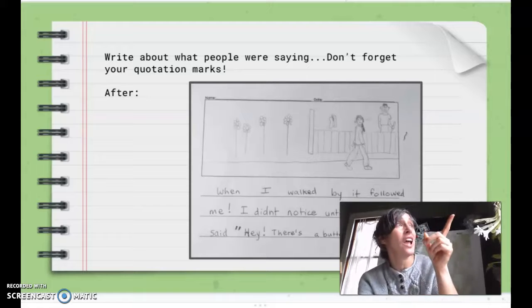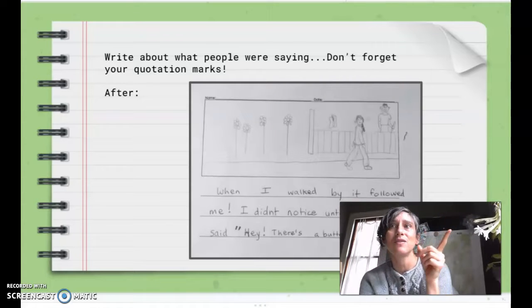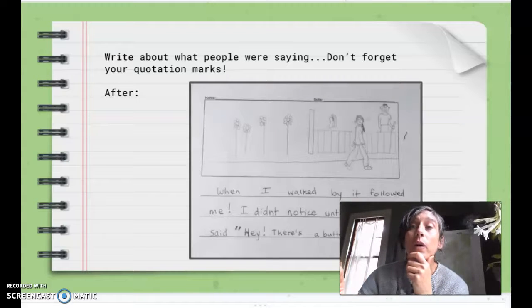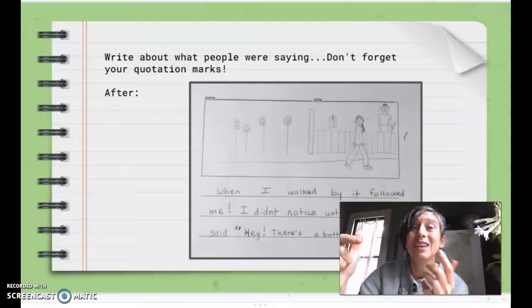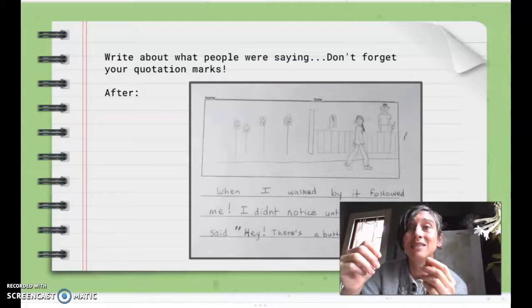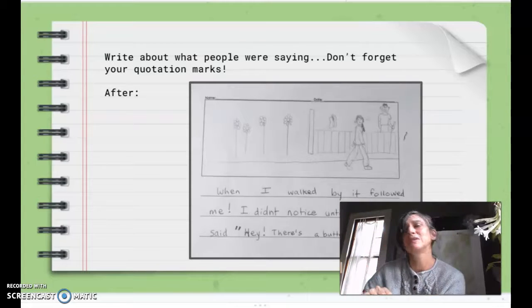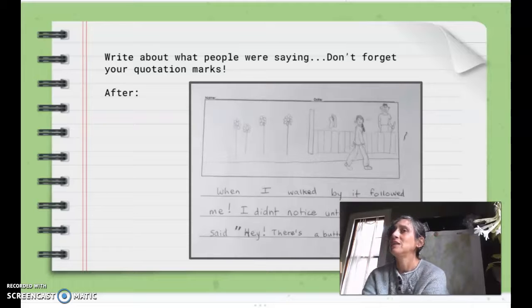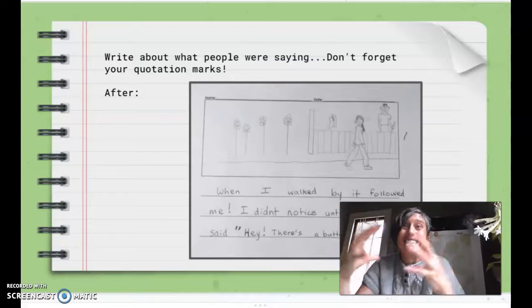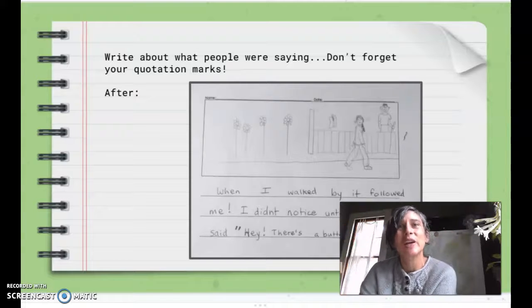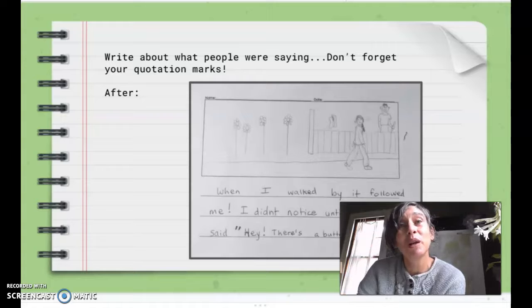And he actually shouted out, "Hey, a butterfly is following you." And so I included that when I went back in to revise and put it in quotation marks. Pretty great. So easy to add details onto your story when you think about what your body was doing, what you were saying, and what the people around you were saying.